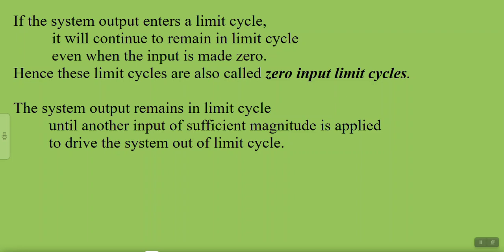Coming to the zero input limit cycles, consider we have a system and that system enters the limit cycle. It will continue in that limit cycle even though we apply the input as 0.